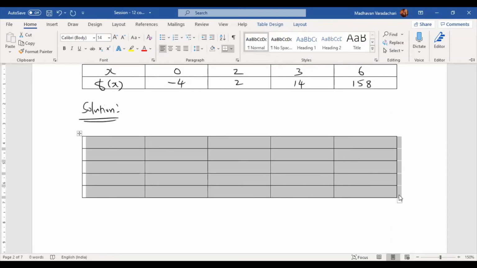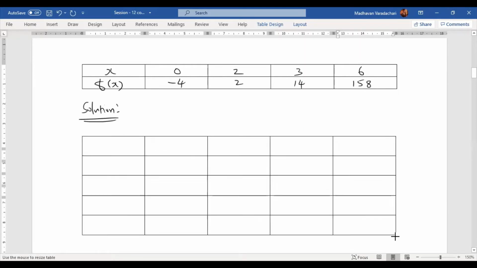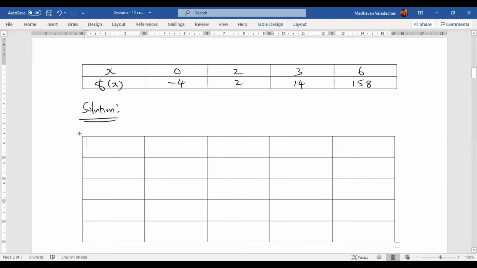Let me just increase the size of this table like this.